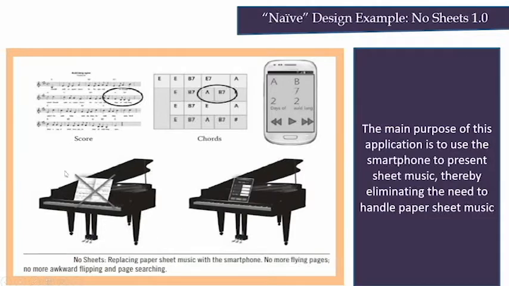As you can see on the left, paper sheet music is still used, while on the other side, the developed application uses a smartphone as its hardware. So no more flying pages, no more awkward flipping and page searching.